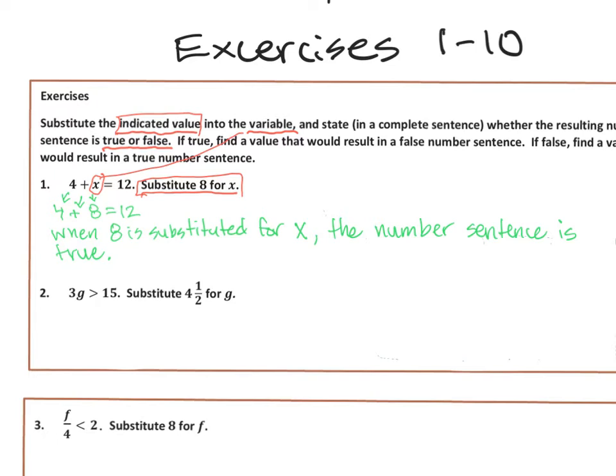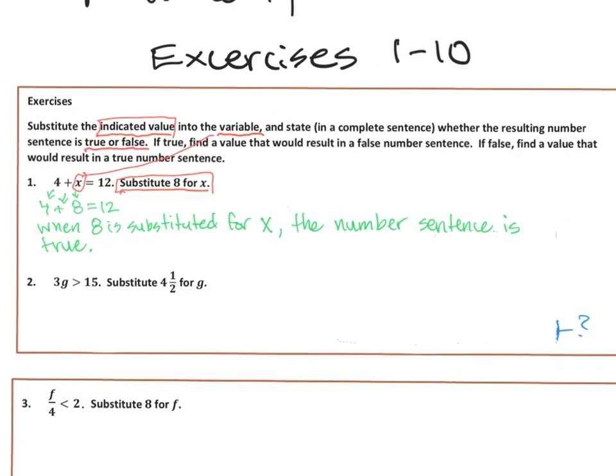However, it says incomplete sentences, so that's something very important to do. But when it's true, we have to find a value that would result in a false number sentence. So this is an example of it being true and us needing to find a value to substitute that is going to make the statement untrue.